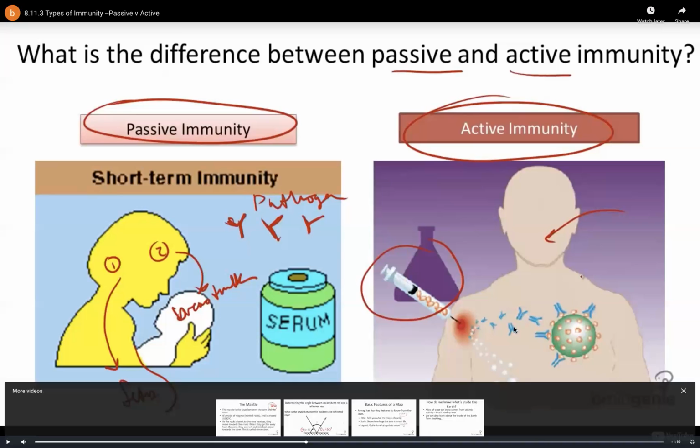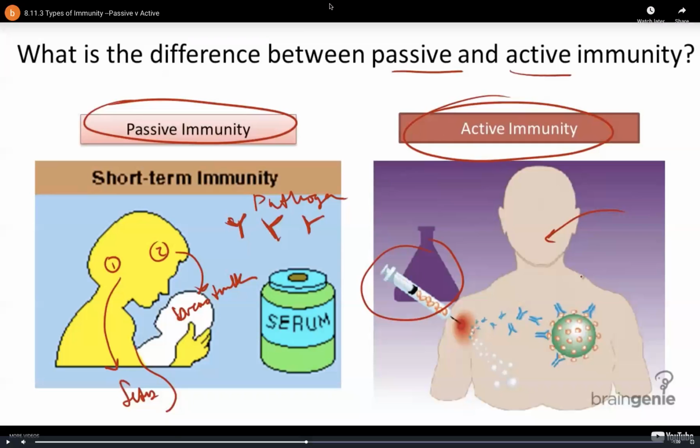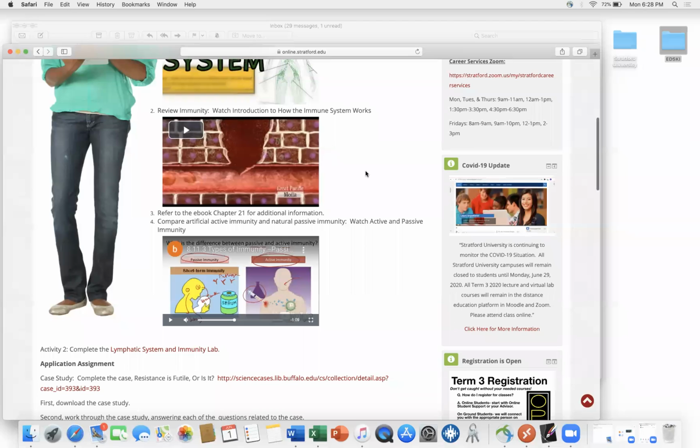But what do I now have since I was exposed so much? I now have a ton of tuberculosis antibodies. So when I take the TB test, that little thing that they put on your arm, my arm turns bright red and blows up immediately. So that's the difference between active and passive immunity. That's good.